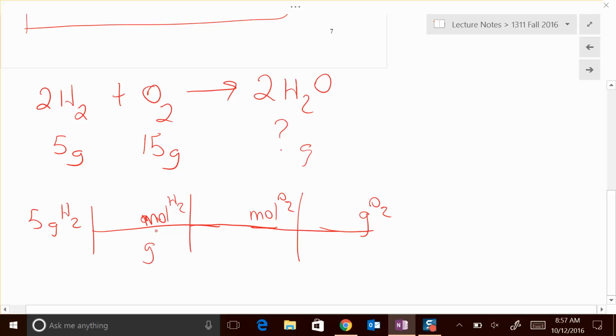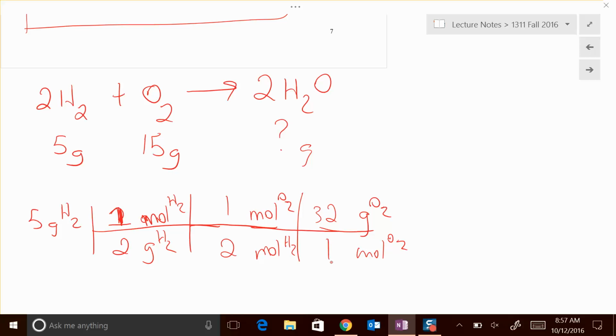Grams of H2, moles of H2, moles of O2. Okay, so who has their calculator out? 5 times 32 divided by 4, what is that? 40? 40 grams of O2.